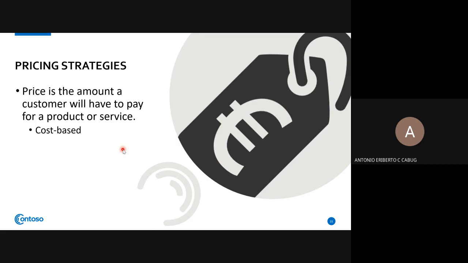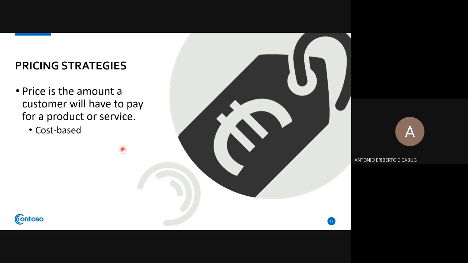You will have a profit. So in a cost-based pricing strategy, you start with cost and then you add an amount in order to cover for your profit. We call that cost-based approach.